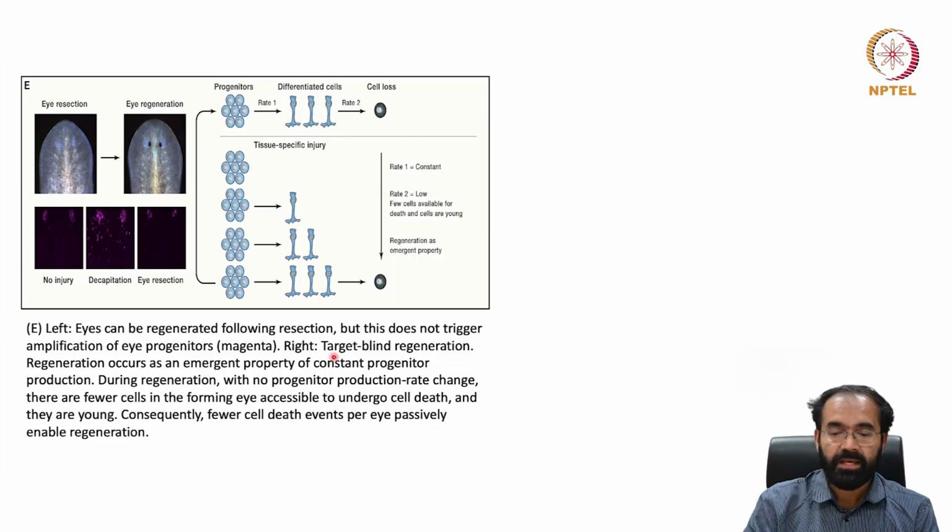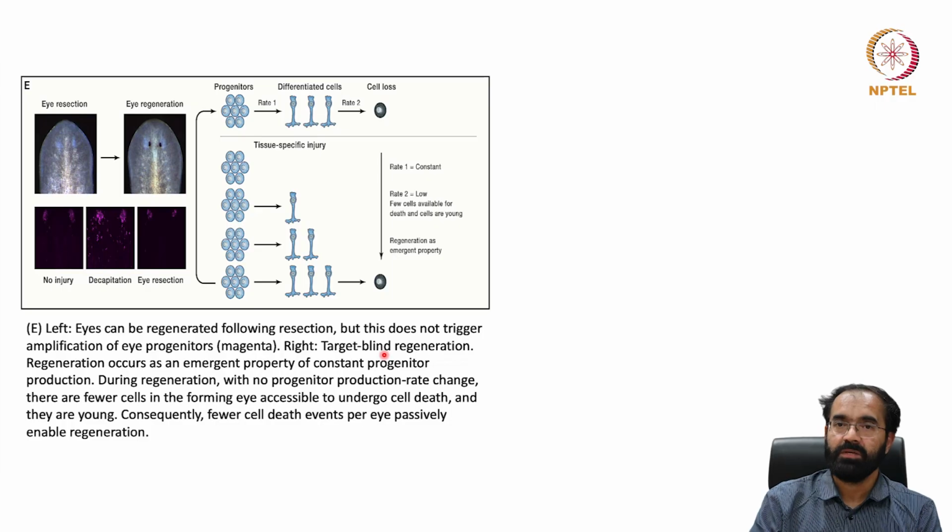On the right side, this can target whenever the eyes are removed, it becomes a blind area, and this targeting can happen even without the eye. Earlier we said the eye will constantly keep replacing just like any other organ, and these cells know where the eye is. But once you remove the eye, how do they know where they should form? Because there is no eye, there is no eye-specific cell there.